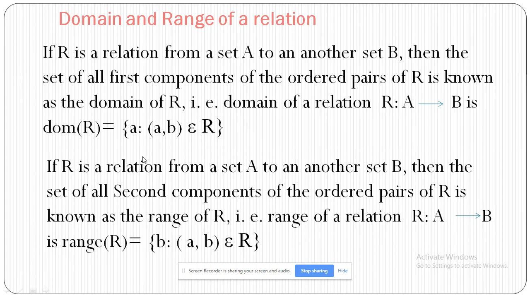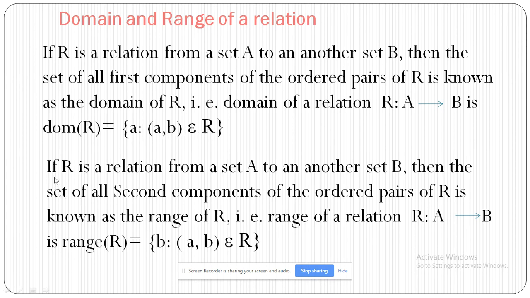Now two definitions: domain and range of a relation. If R is a relation from a set A to another set B, then the set of all first components of the ordered pairs of R is known as the domain of R. That is, domain of R is defined as {a : (a, b) belongs to R}.